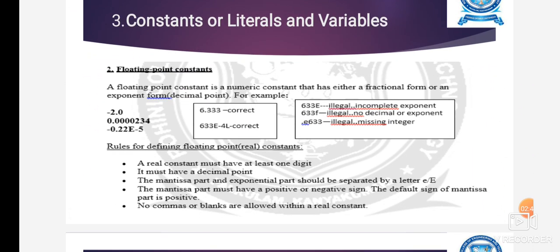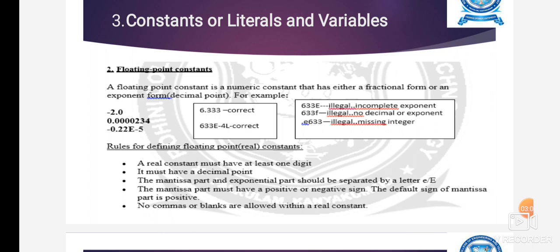Then a floating point constant is a numeric constant that has either a fractional form or an exponential form, that is, a decimal point. The example is 6.333. That is the correct way of assigning a floating point constant. Here also we follow some rules.